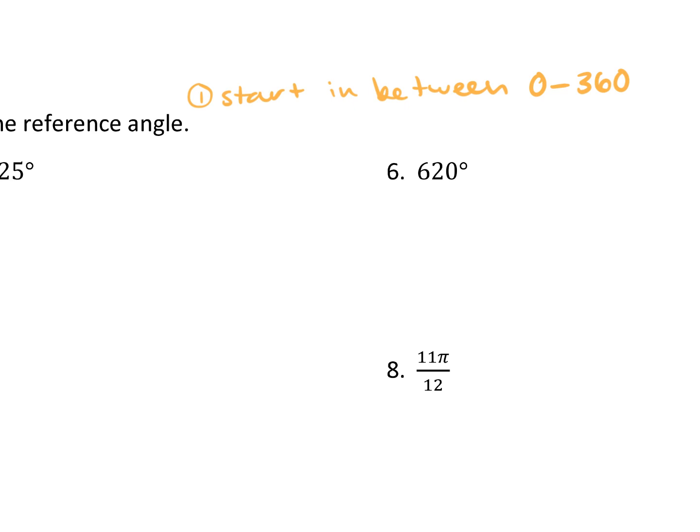So if it asks for a reference angle of a degree, make sure your answer is in degrees. If it asks for a reference angle of a radian, make sure your answer is in radians. And then we also have to know 2 things about our reference angle. It is always positive. And what else? Acute, meaning that it's less than 90.